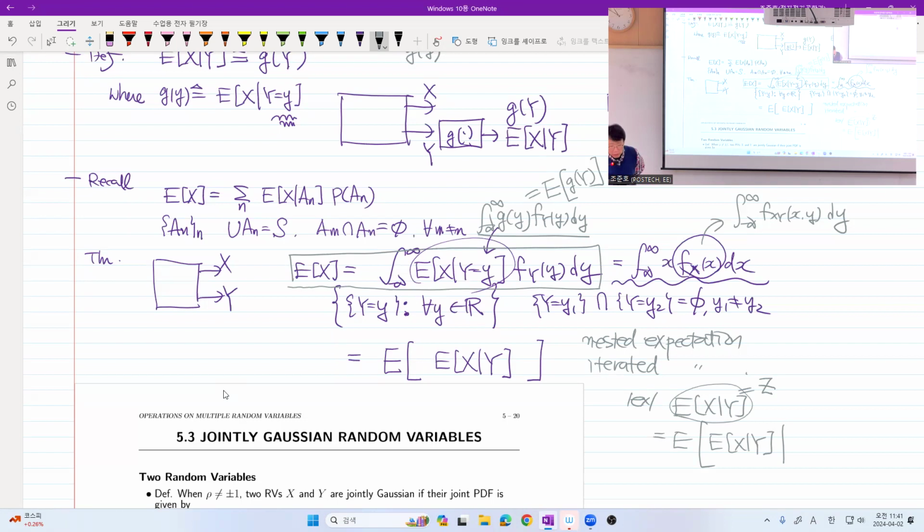And no, not g, because I said X, Y, and Z. Let's say that this is W. We call a random variable with a new name, right? You have X, Y, and Z. Then this is simply expectation. Confusing.